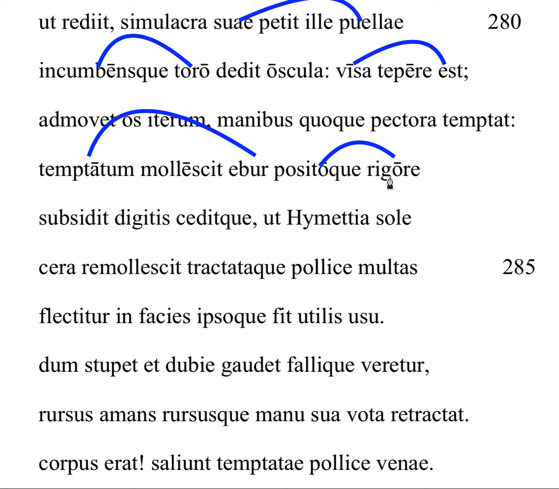So with the stiffness placed aside, put off, fallen, gone away, gone. And the phenomenon here is that Latin will just use the base word when the compound here, deposito, is just naturally assumed from the context. So with the stiffness gone, placed aside, the statue gives way to his fingers and yields.